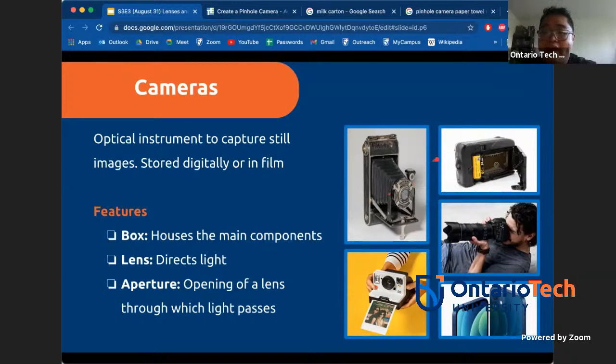Another way a camera uses film to take pictures is this instant camera. I'm not sure if you've seen this before. This was very popular around 20 years ago. It's similar to this camera over here, but much smaller, so you can take it anywhere you want to go. It's powered by this film that acts as a sort of battery, but also as a way to store the images you've captured.